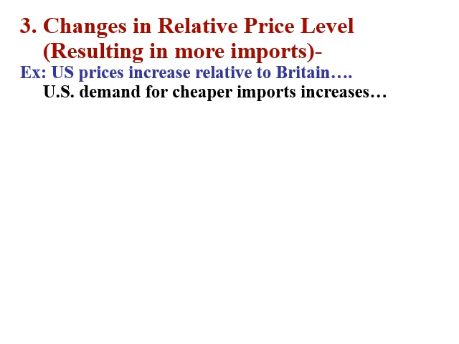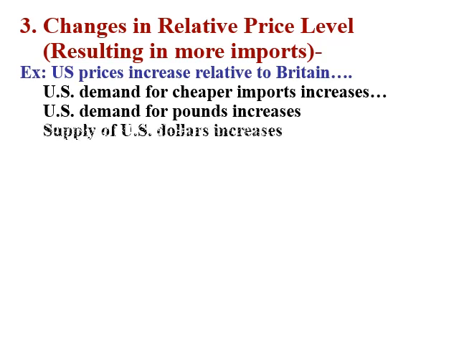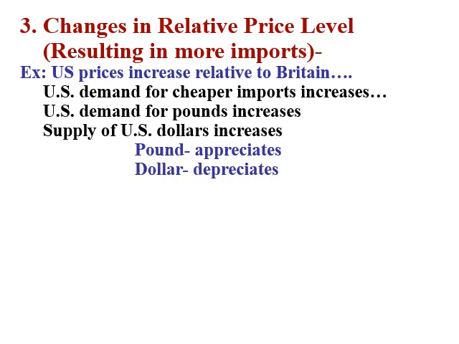So the U.S. is going to demand cheaper imports. And so the U.S. is going to demand more pounds to pay for those cheaper imports. If we demand more pounds, that means we're going to have to supply more U.S. dollars, which means in this example, the pound appreciates and the dollar depreciates or gets weaker.